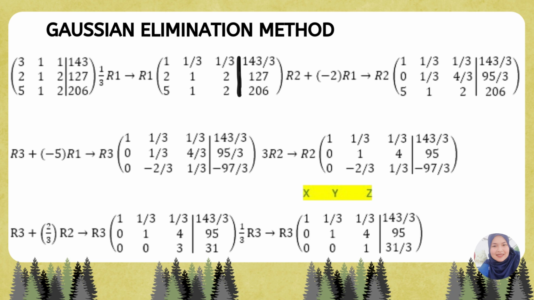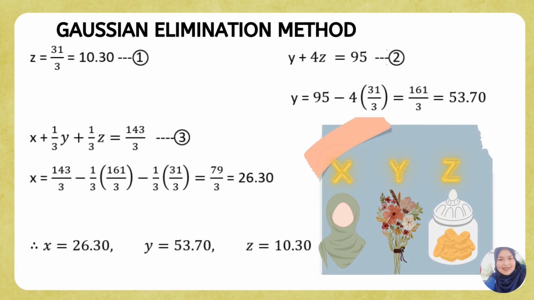So here we need to read the matrix using back substitution. The equation we get is, the first one is z equal to 31 over 3 equal to 10.3. Then the second equation we get is y plus 4z equal to 95. As we know the value of z, we can substitute the value of z in the second equation, and we will get y equal to 53.7.